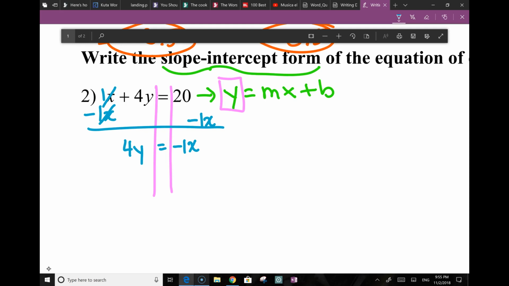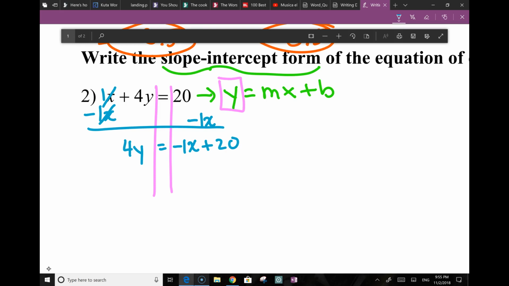You could put it last after the 20 if you want, but the reason I want to put it first is because I'm trying to follow this order, mx and then plus b. The truth is, if you really know your stuff, it doesn't matter if it's at the beginning or at the end, if it's mx plus b or b plus mx. They mean the same thing. Just make sure the sign stays with the right number. So moving on, negative 1x, my 20 is positive, so plus 20.